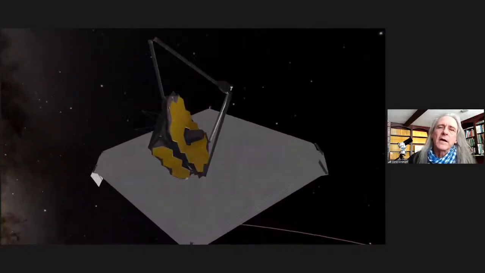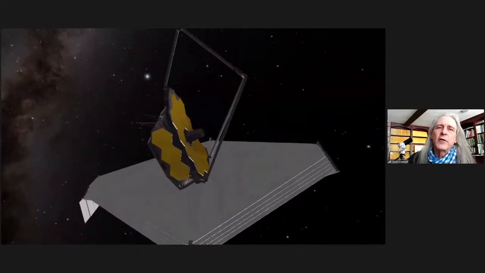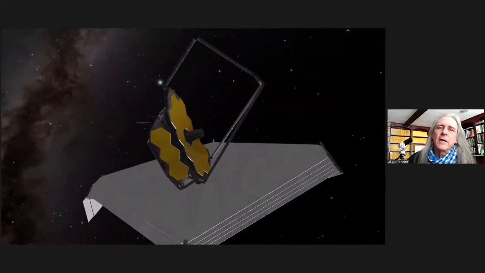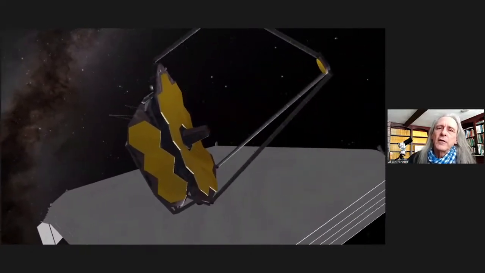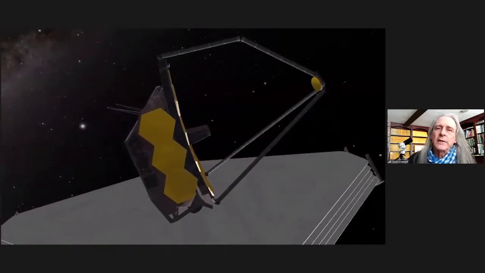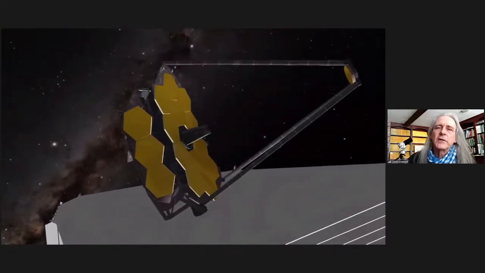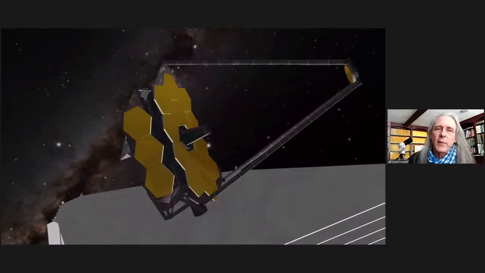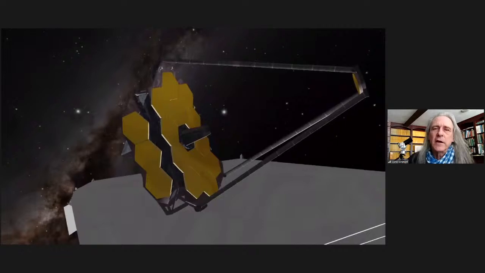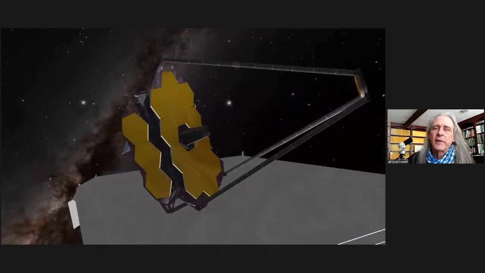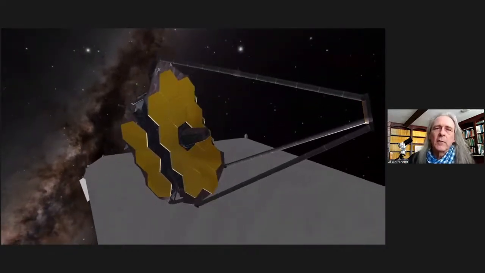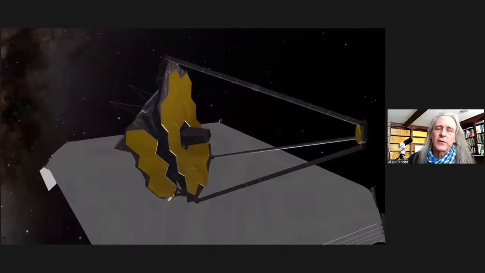What's happening here is a very crucial step of deploying the secondary mirror. All of the light that is gathered by this large mirror, which is 3 times the size of the Hubble mirror and is segmented into these hexagons, will be focused on that secondary, and the secondary throws the light back down into that black cone that we see where all the instruments are, and the light is divided up.